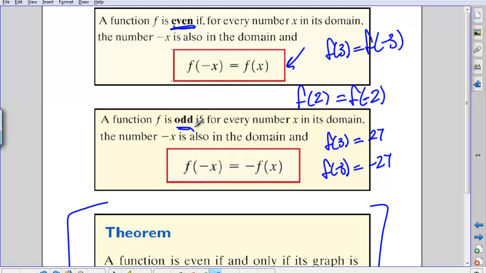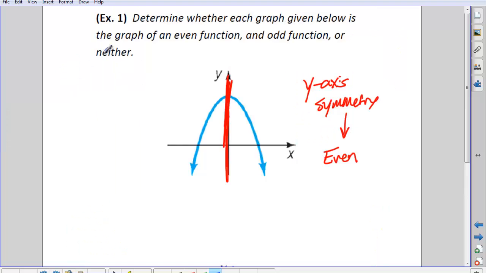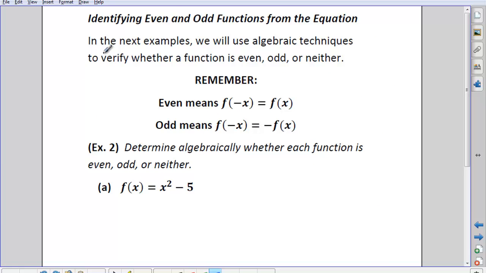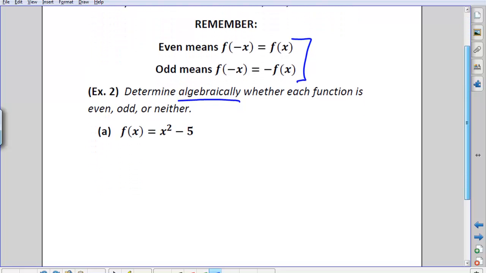So we call that odd. So it's a little bit trickier using that definition. This would be the algebraic definition. If it says determine algebraically whether it's even or odd, like this example right here, determine algebraically whether the function is even, odd, or neither, that's where we use these statements right here that we just covered in those definitions. And so let's see, how would you do that exactly?